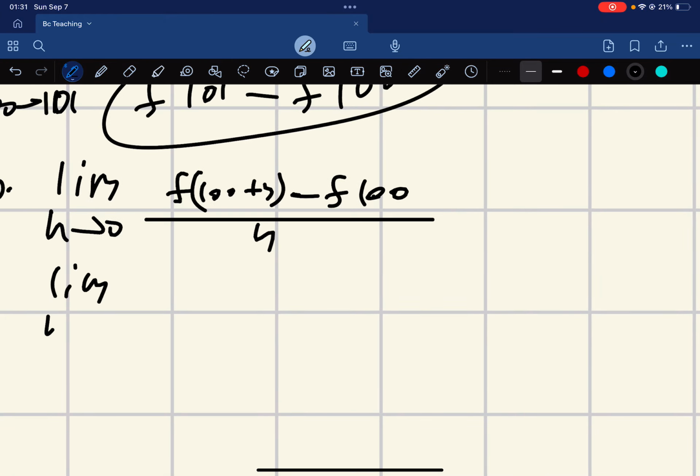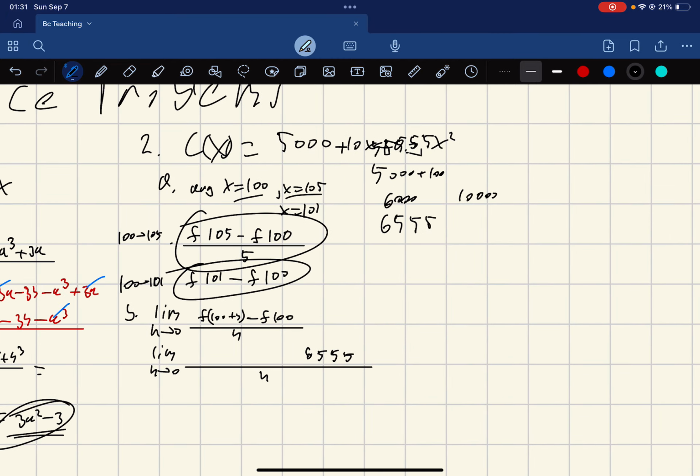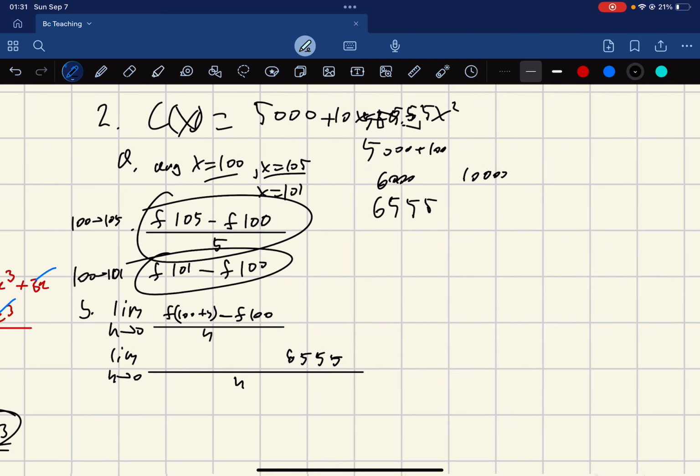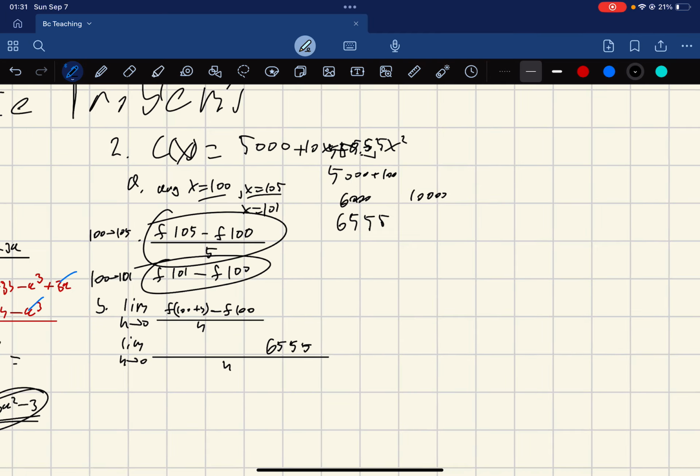So the limit as h approaches 0 of f of 100 plus h minus 6,500, divided by h. Maybe I won't do this. That's busy work. Okay, but you get the idea.